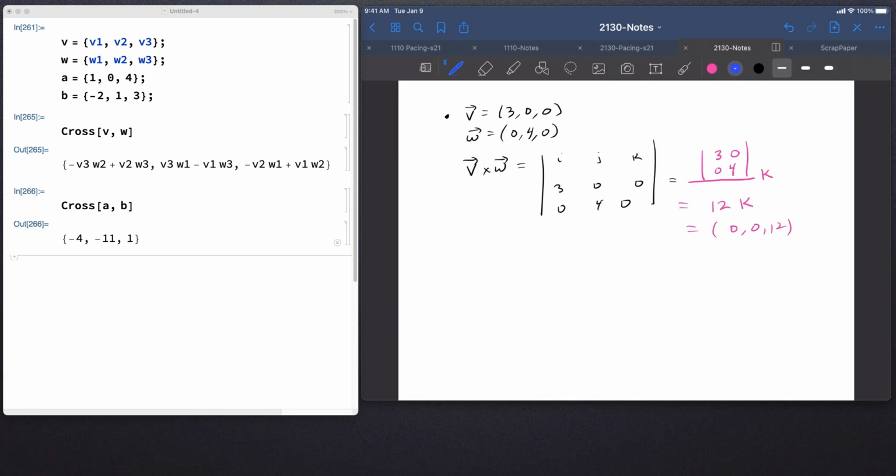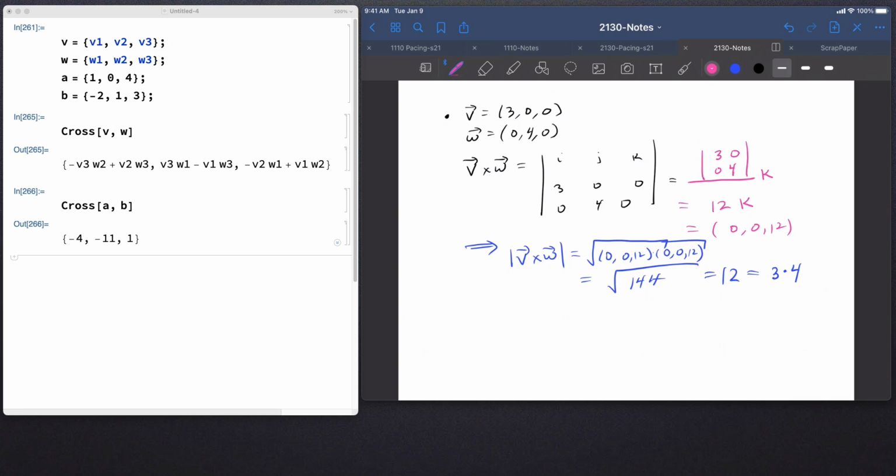So from there, if you were to compute the length of the cross product, you will get the square root of 0, 0, 12 dotted with 0, 0, 12, which is the square root of 144, otherwise known as 12, otherwise known as 3 times 4.